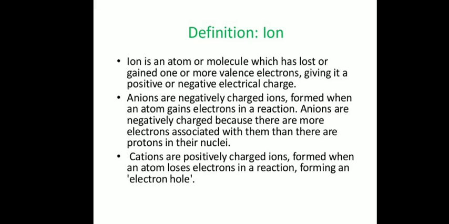Now, there are generally two types of ions. One is the anion, which is negatively charged, and the second is the cation, which is positively charged. Depending on these electrical charges, ion exchange chromatography is run.